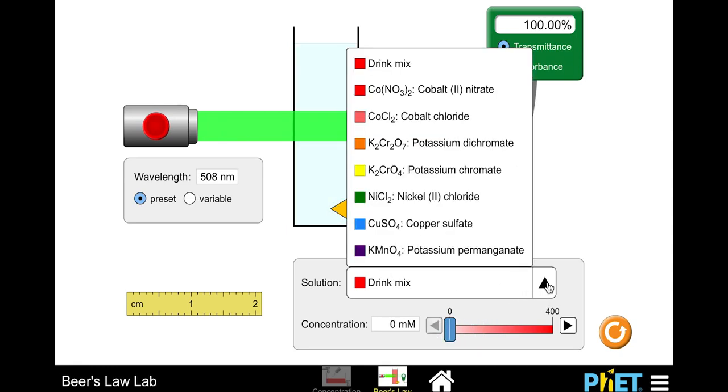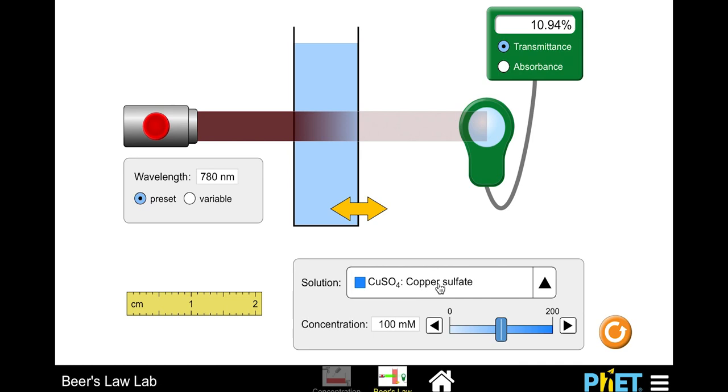Then we can use the same principle to study the reaction of copper(II) sulfate with zinc granules. We're starting with 0.2 molar copper sulfate.